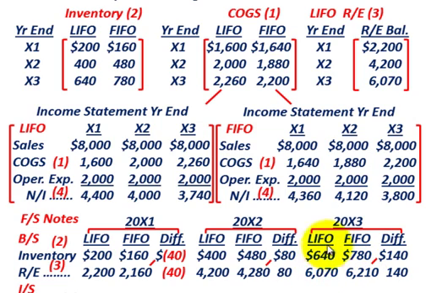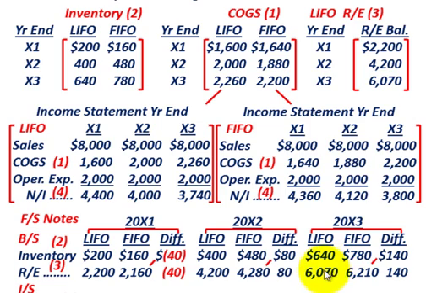Beginning with our LIFO, our retained earnings was 6,070 for 20X3. The difference was that 140 increase in our inventory. We had a greater balance of 140,000, so that increased our retained earnings to 6,210.